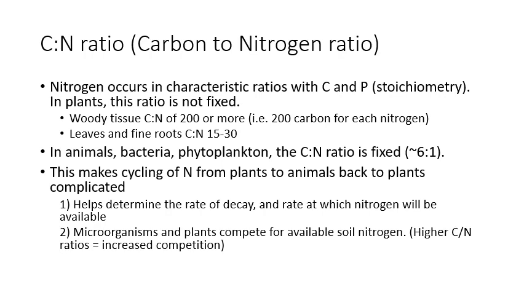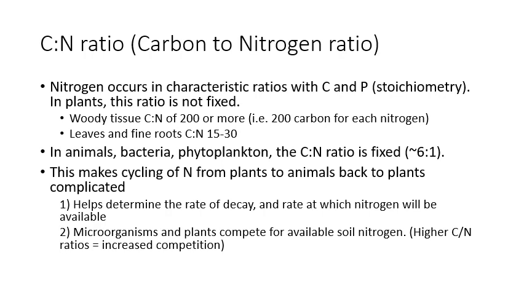So for example, woody tissue has a C to N ratio of 200 or more. So 200 carbons for each nitrogen. It can even go up to 1,000. Whereas leaves and fine roots have a C to N ratio of about 15 to 30. So that would be about 30 carbons for each nitrogen. However, in animals, bacteria, and phytoplankton, the C to N ratio is fixed, and it's at around 6 to 1, so 6 carbons for every nitrogen.